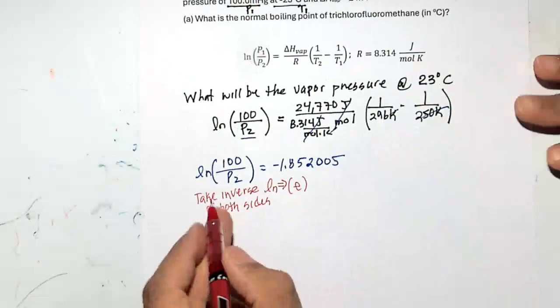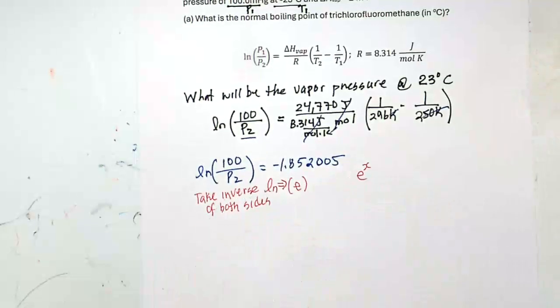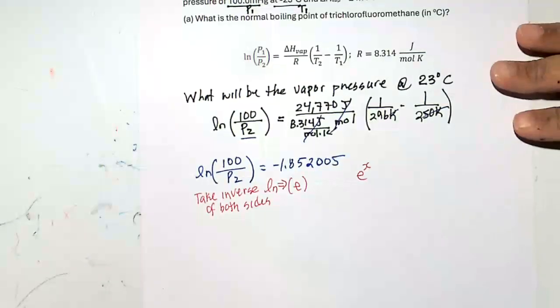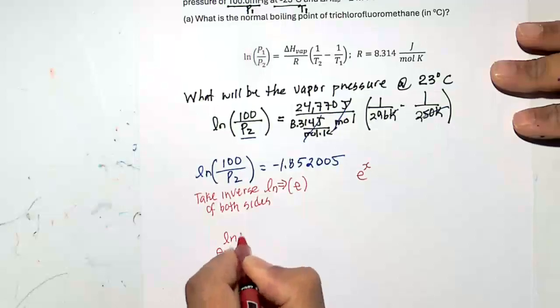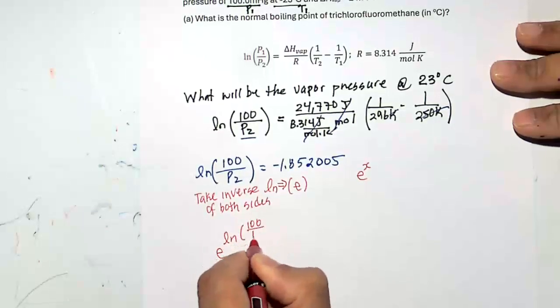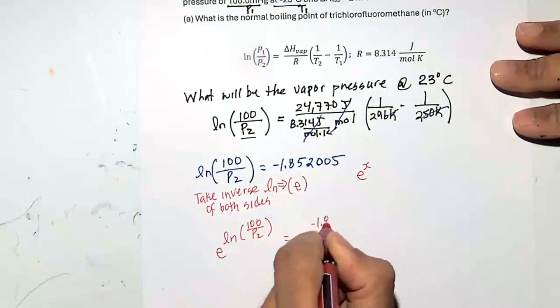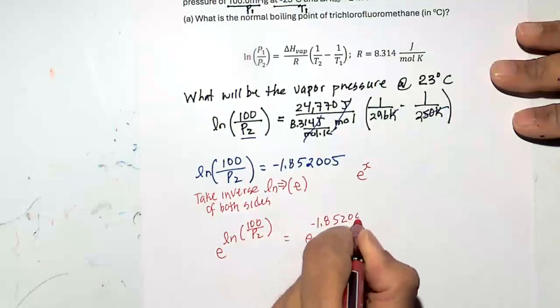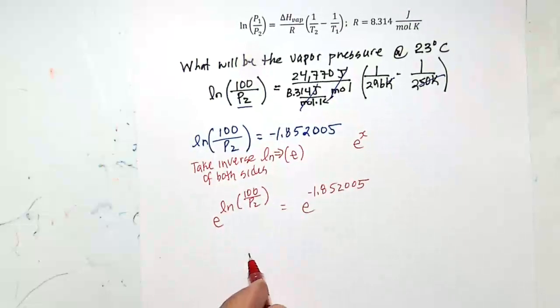So if I take e, and e on your calculator is the power function, you just do it on your calculator. You don't have to worry about any of this. So e to the power of natural log of 100 over P2 equals e to the power of minus 1.852005. So what is e to the power of natural log of 100 over P2?